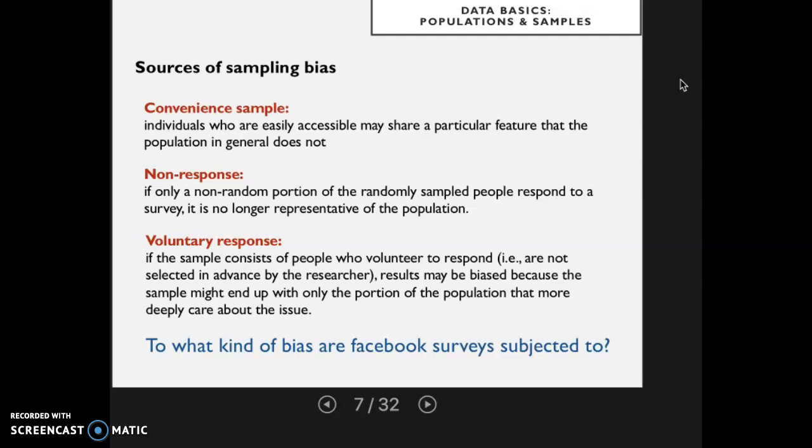However, as you can imagine, if you are a Republican, you're likely to have more Republicans around you, and those are probably going to be more likely to respond to your own survey, and you may end up with a biased result. Similarly, if you're a Democrat, you're going to probably be surrounded by more people that think alike, and they will be more likely to be pulled to respond to your survey. So you may end up in the end with the wrong result due to sampling bias.